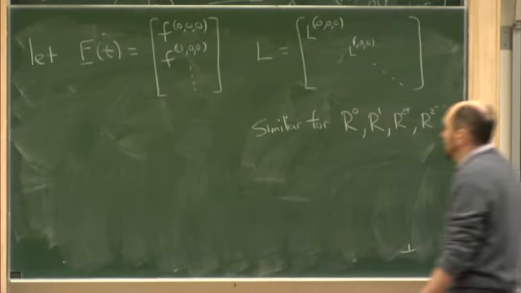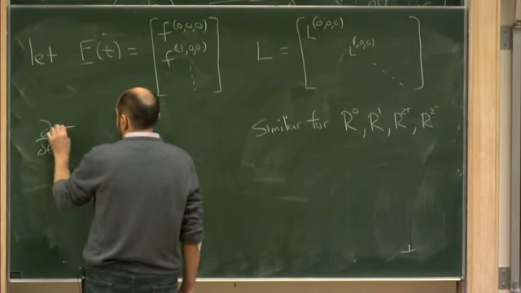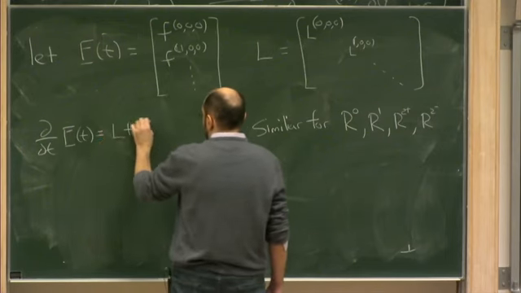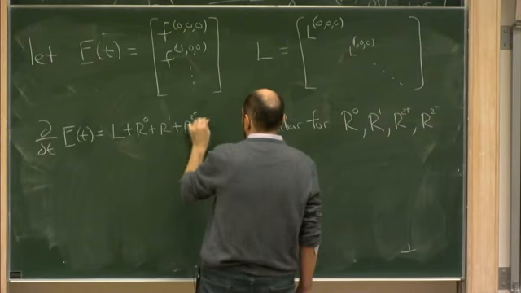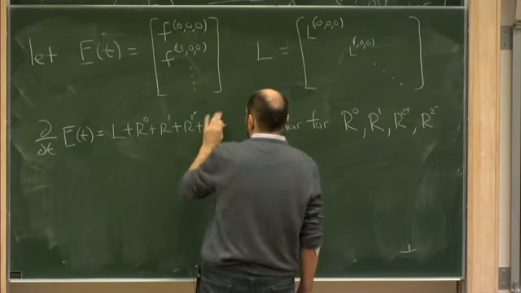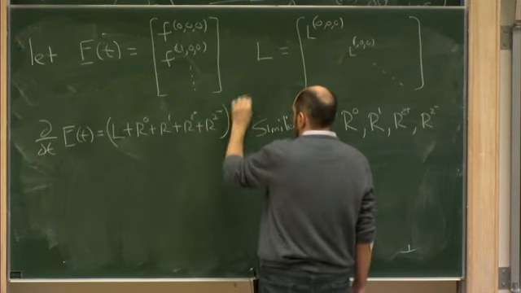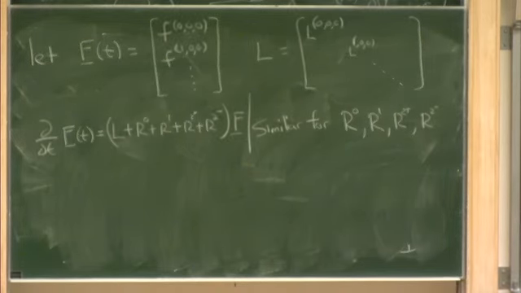Great. So now we can write our equation very simply as the derivative in time of f is just L plus R0 plus R1 plus R2 plus R2 minus, acting on f. And now we've made it look really easy because we just simplified our notation down quite a bit.